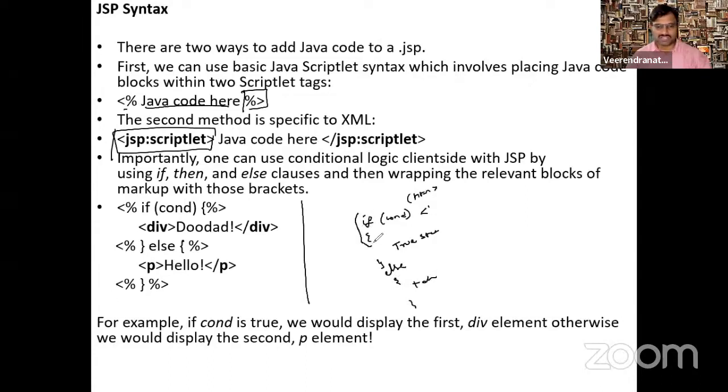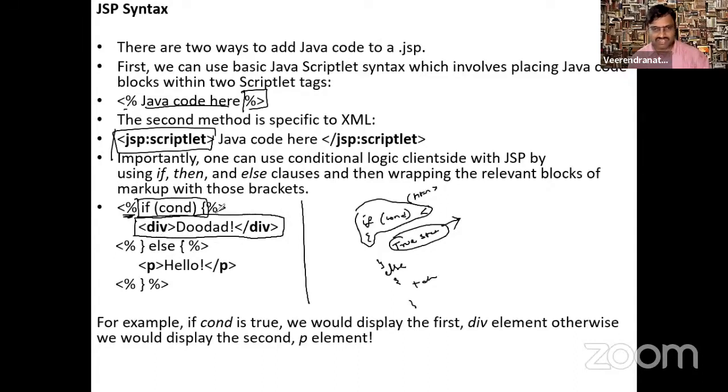But this is all Java code. Inside the block, I want to put HTML content, and all this is Java specific code. I put this Java code inside the scriptlet tag, and this is HTML specific code only.